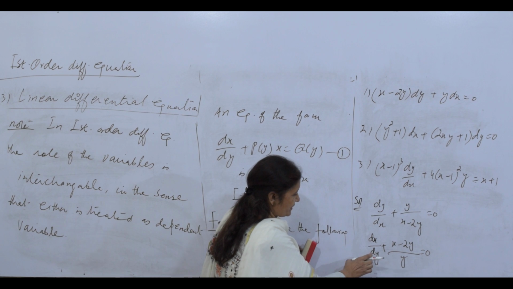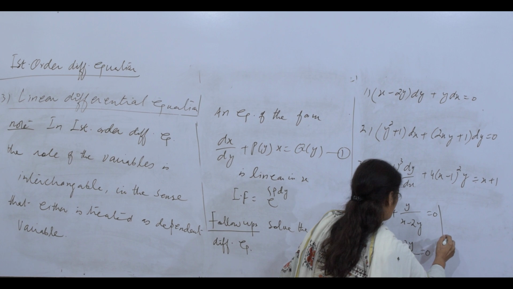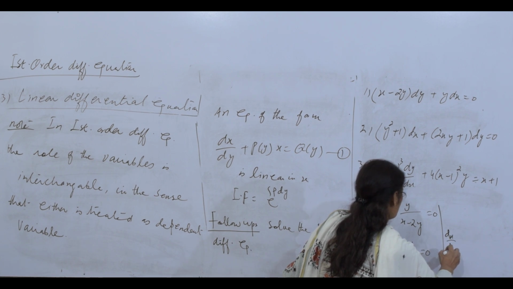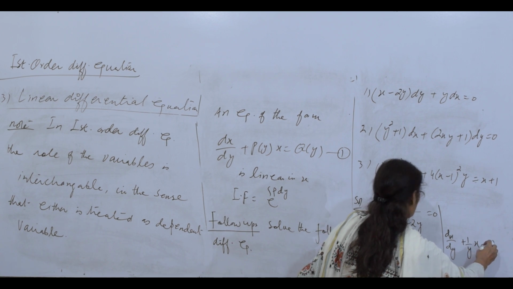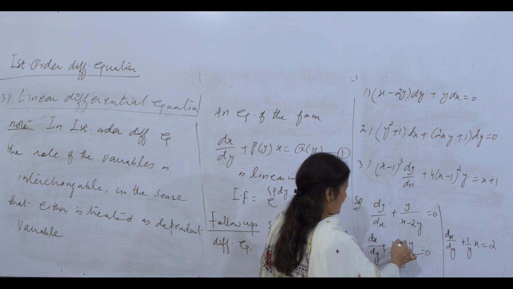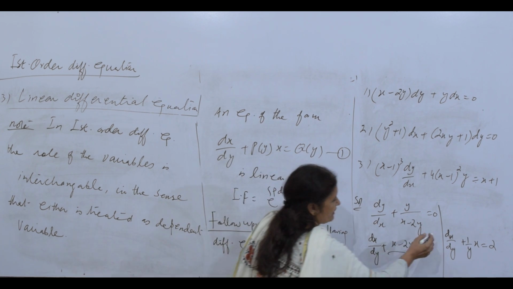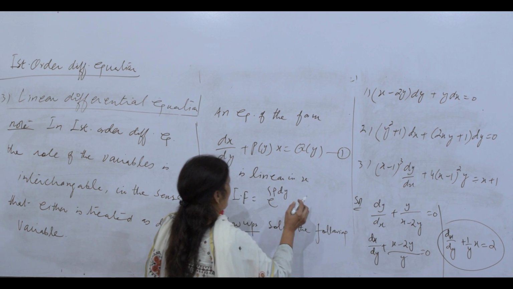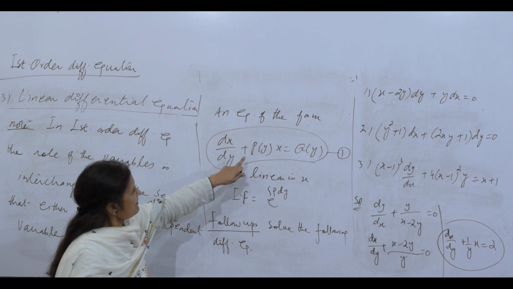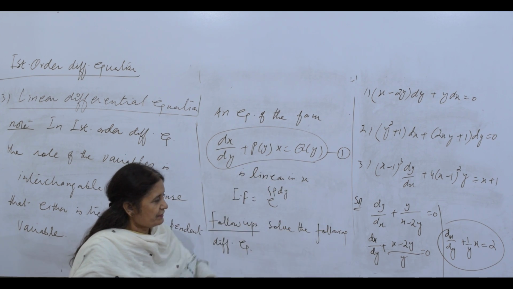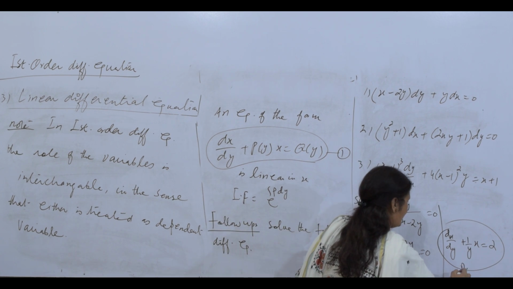Look, this I have dx by dy. So it becomes dx by dy plus 1 over y times x is equal to 2, because this y is cancelled, minus 2, and on the right hand side is 2. This format which I have written is dx by dy plus p(y)x equal to q(y). So what will be the p(y) or q(y)?